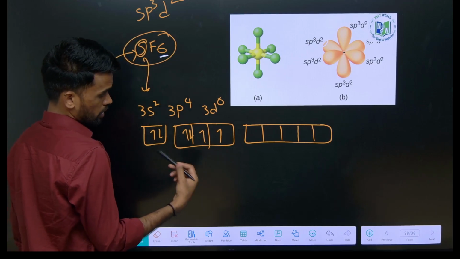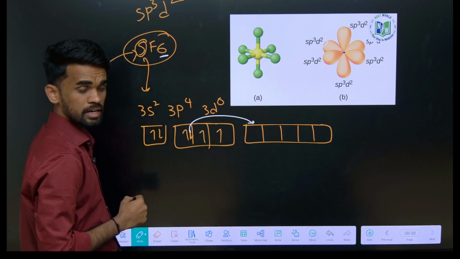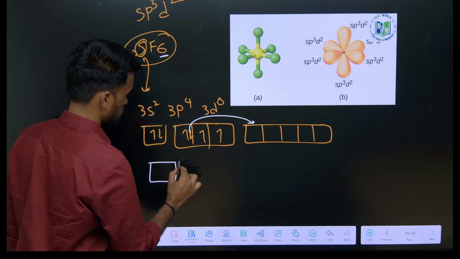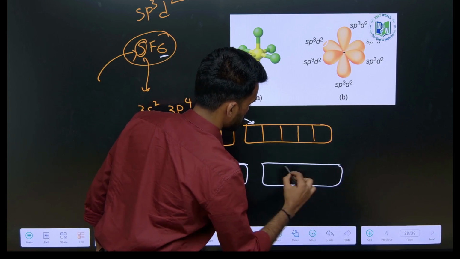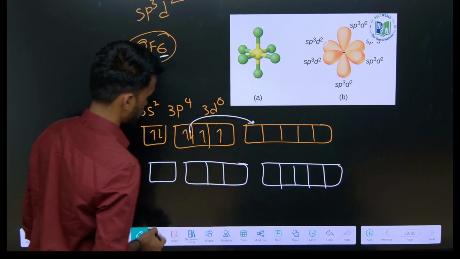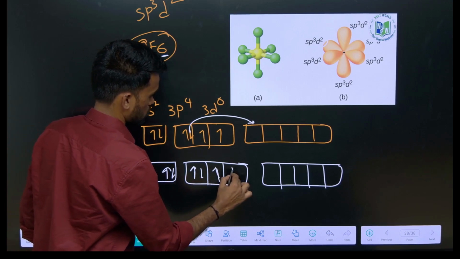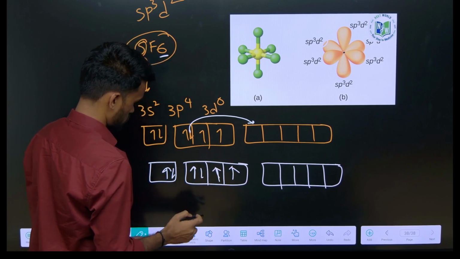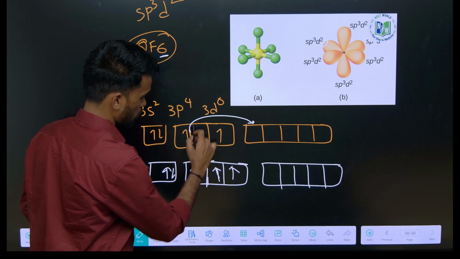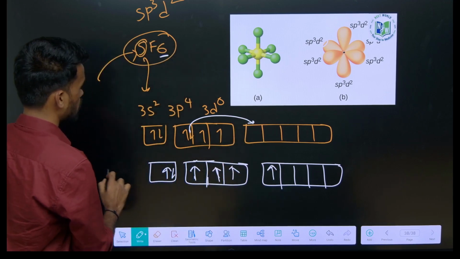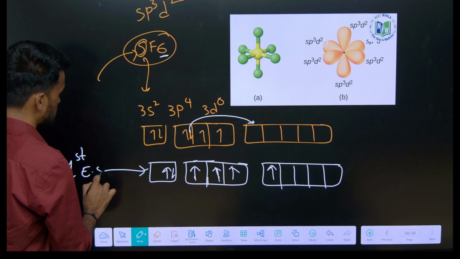To do that, we can excite one electron from here to here, right? So from here to here we have excited. You can call it the first excited state.